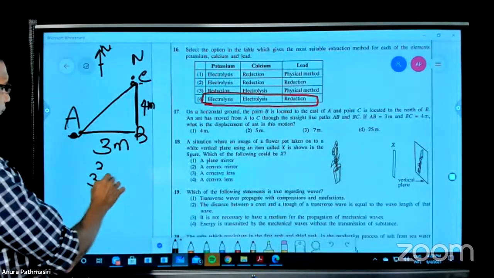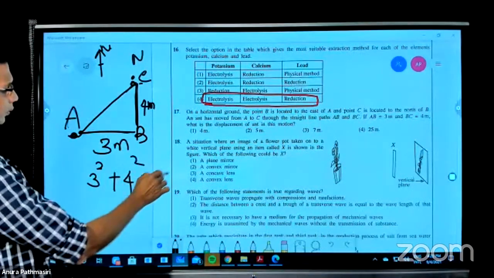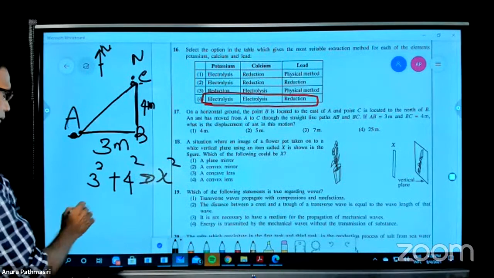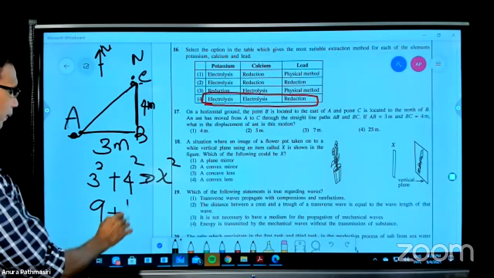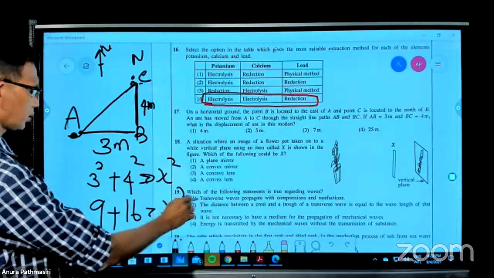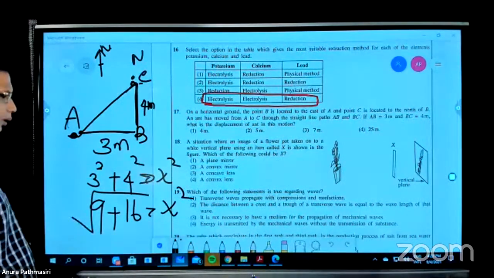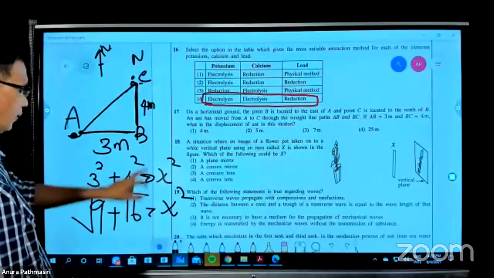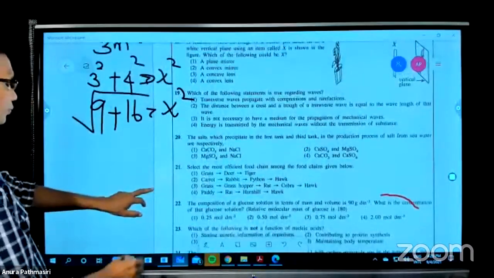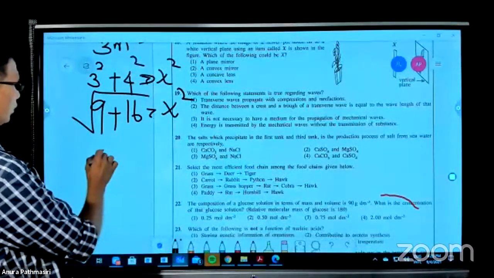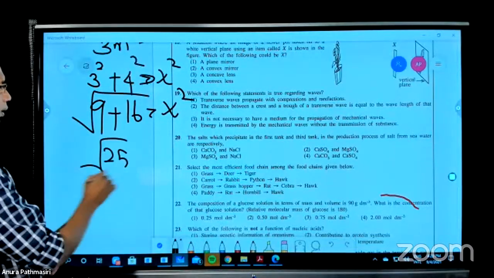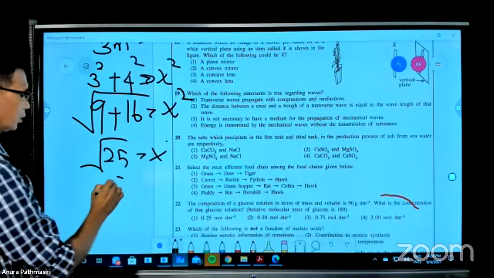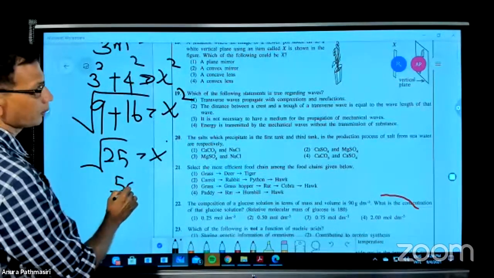3 squared plus 4 squared equals x squared. 9 plus 16 equals x squared. So then you want to get the square root. 25, the square root of 25 is 5. So x is 5. 5 meters or centimeters?